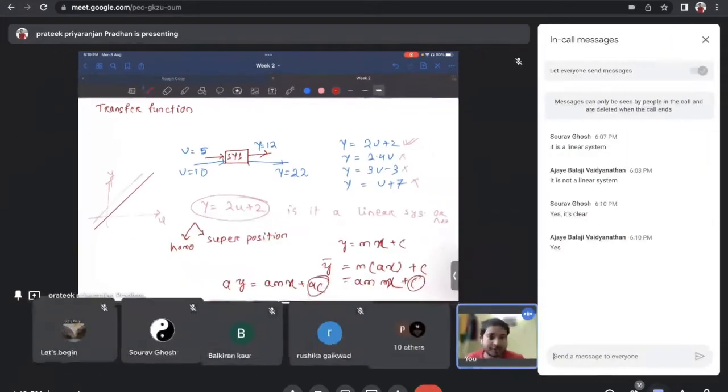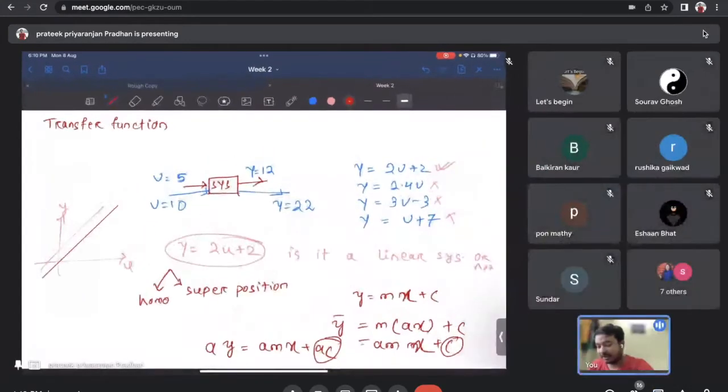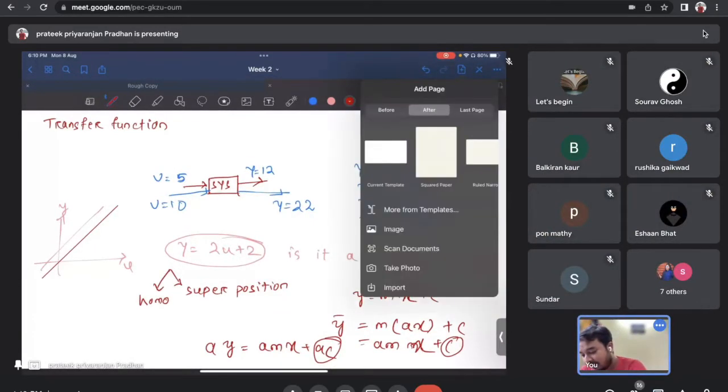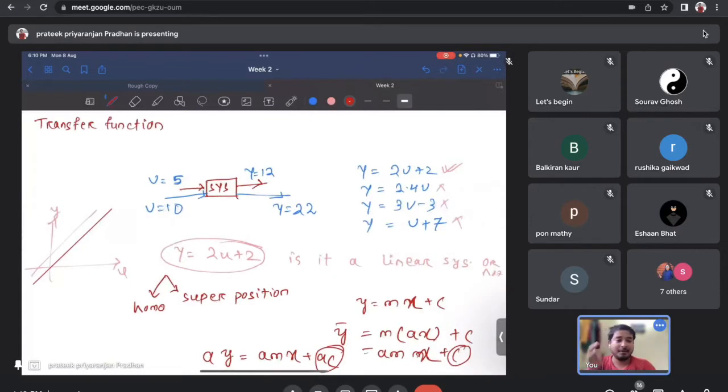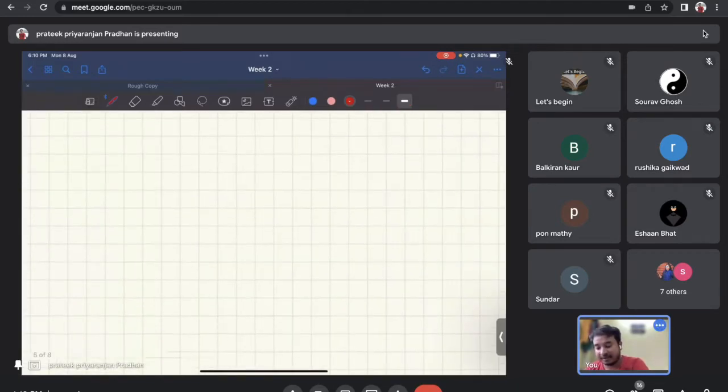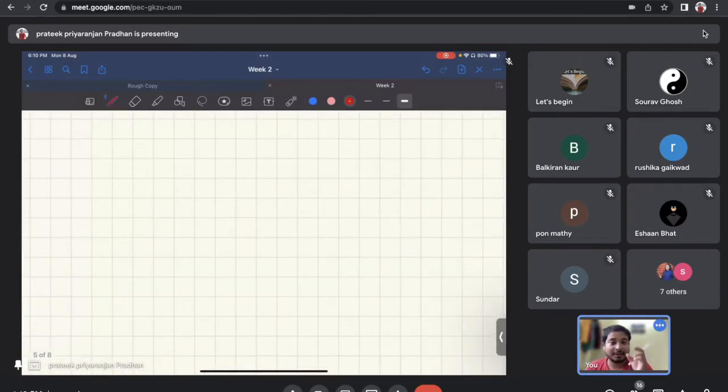Today's discussion is transfer function. So what is a transfer function? As I have mentioned here, a system takes some input, gives some output. The transfer function will determine what the output will be.